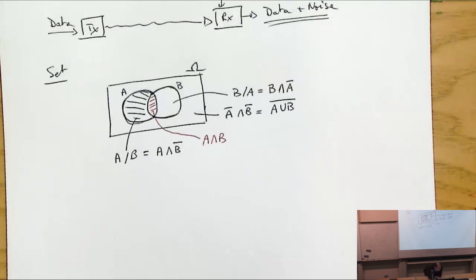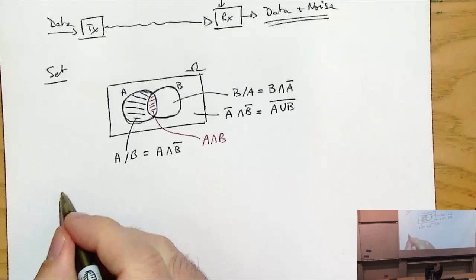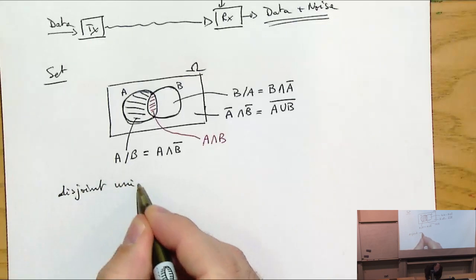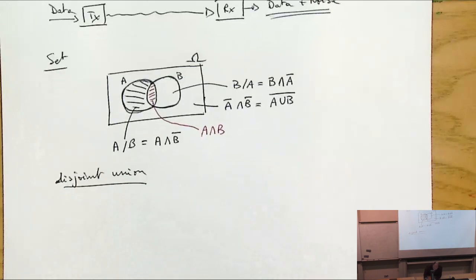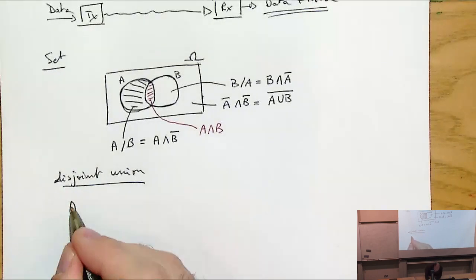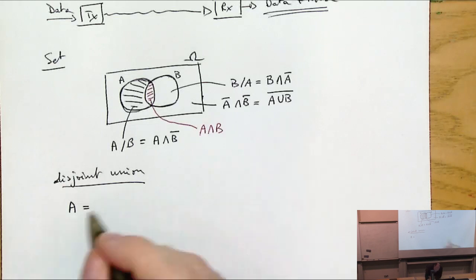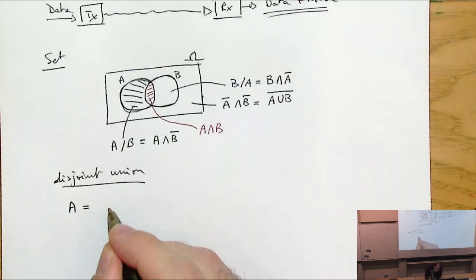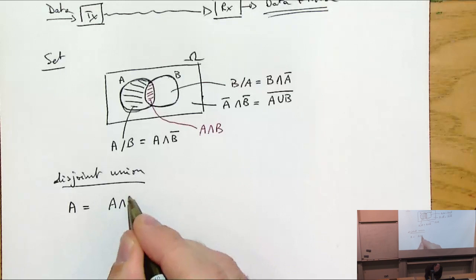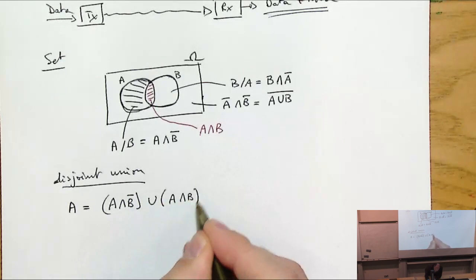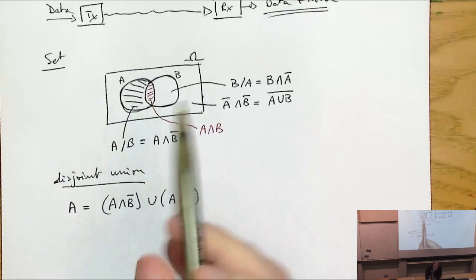Another step that we looked at is the notion of disjoint union. Right, and what we said there is that if you have a set A, you can write this set A as a union of two disjoint sets. Right, so here I can write A is A intersection not B union A intersection B. And this you can see here from the Venn diagram.